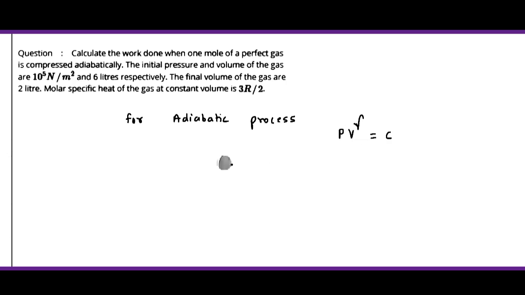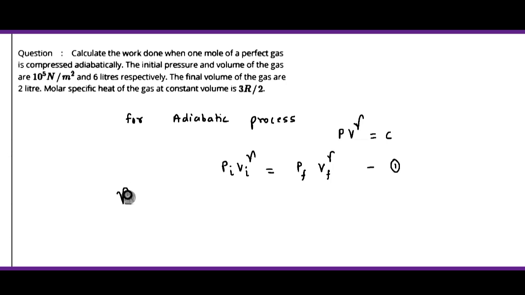So first we have to calculate the value of the adiabatic index. Before that we can write this expression in this way, that is P initial V initial raised to gamma, that is pressure times volume raised to gamma, equals P final pressure into final volume raised to gamma. Alright, and now we can say this is our expression number 1.